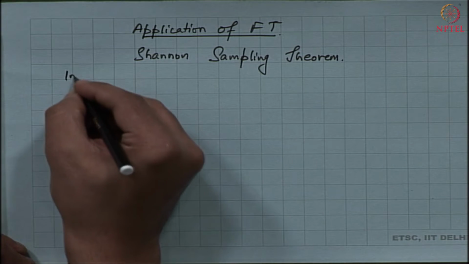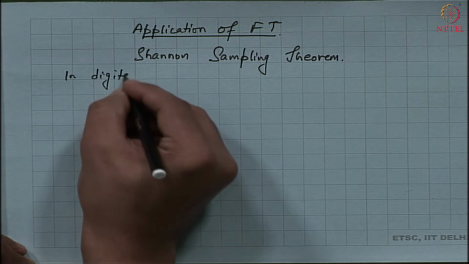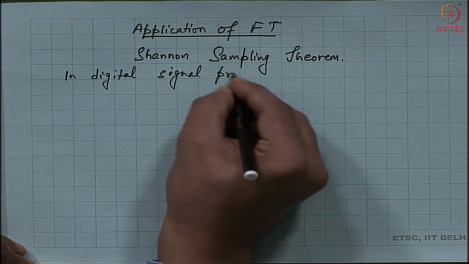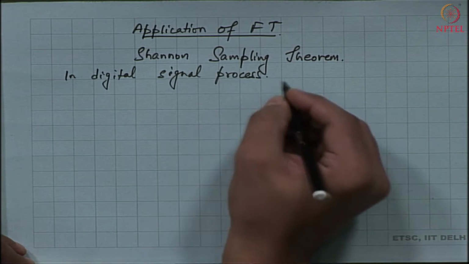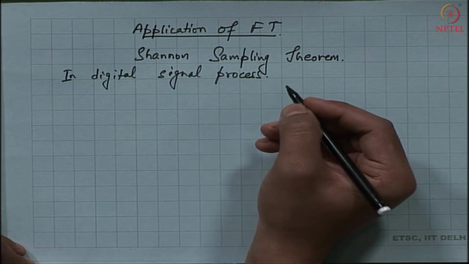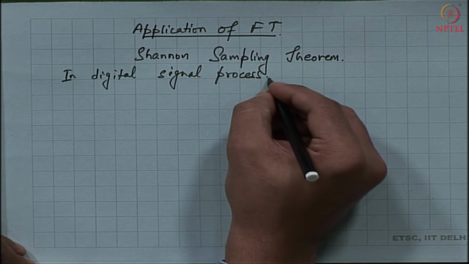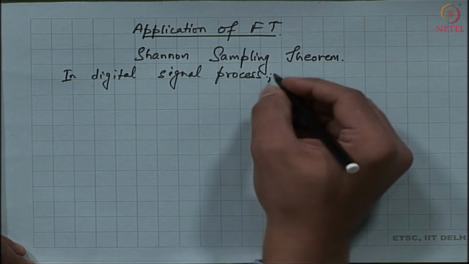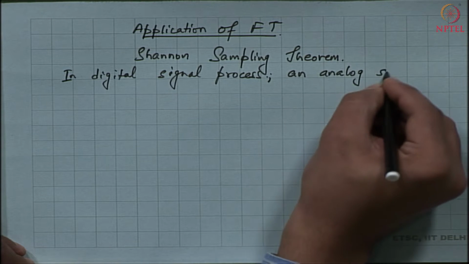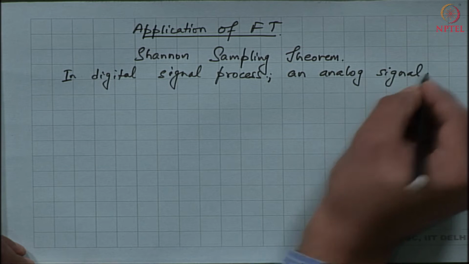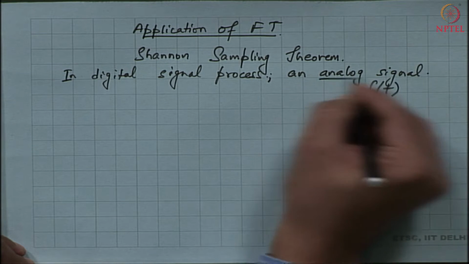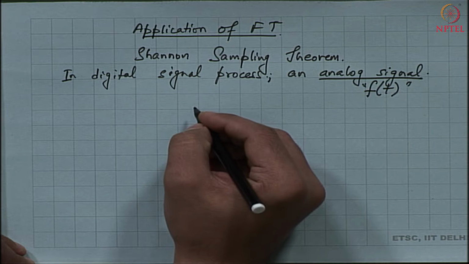So, as I said, I am just going to build up some useful terms here. In digital signal processing, I have an analog signal which is denoted by f(t), right.